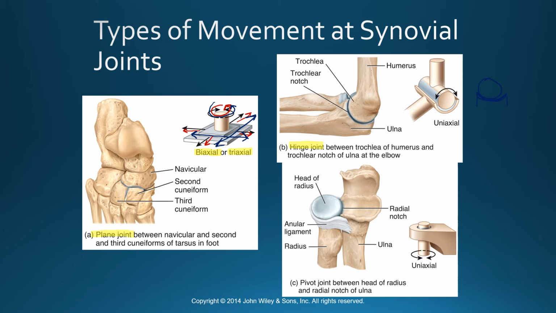So one bone has a concave surface, and a convex surface fits into that cave. As the name implies, the hinge joint produces an opening and closing motion, kind of like a hinged door. Hinge joints are uniaxial because they typically allow for motion around one axis. They typically only allow for flexion and extension.